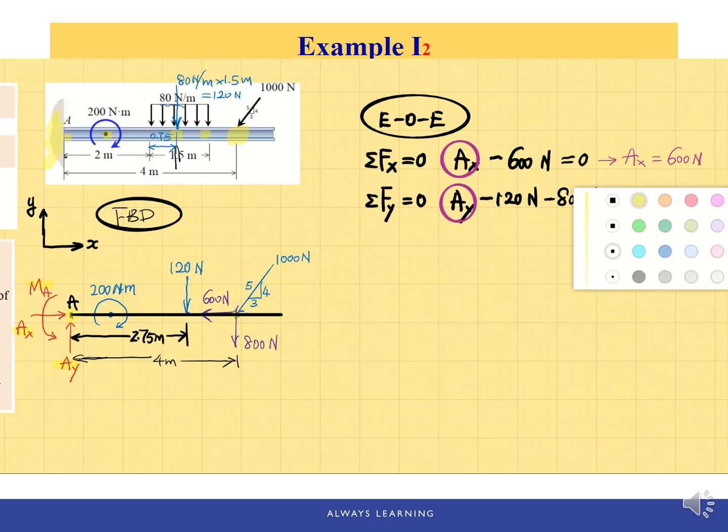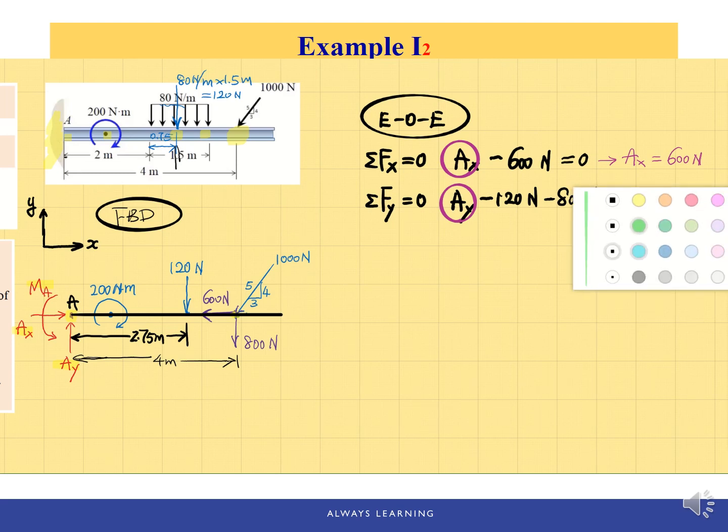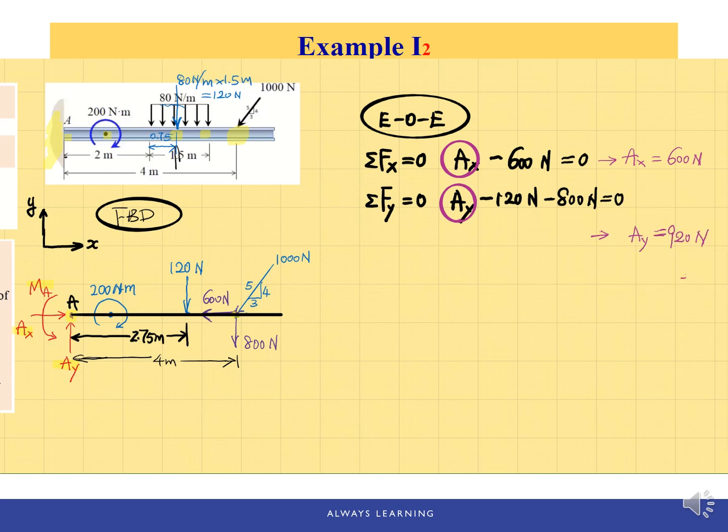Because point A, or the forces Ax and Ay, the unknown forces, are concurrent about this point A. In other words, Ax and Ay have no moment about point A because the moment arm is 0, because the lines of action pass through this point A. Therefore, they will not appear in the moment equation.